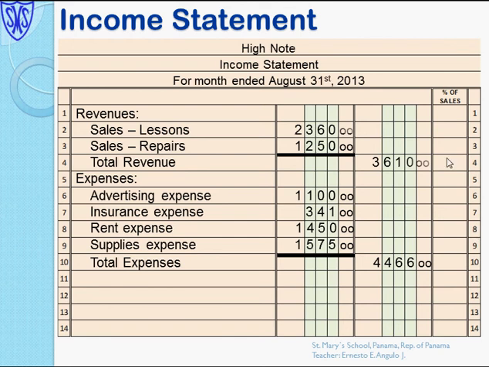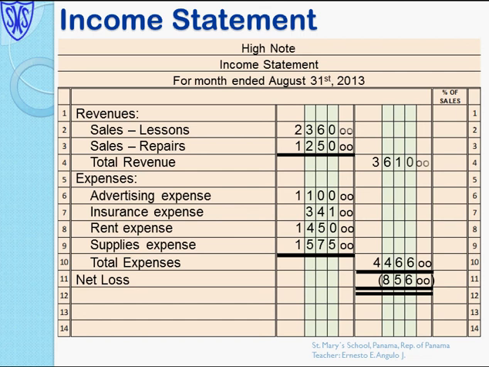Now that we have the total revenues and total expenses or outcomes, we line and subtract. Notice that in this case, expenses are higher than revenues, which means that we had a net loss in the period. Then double line.